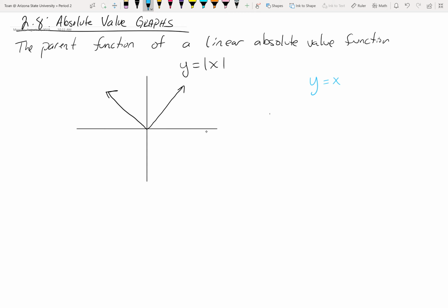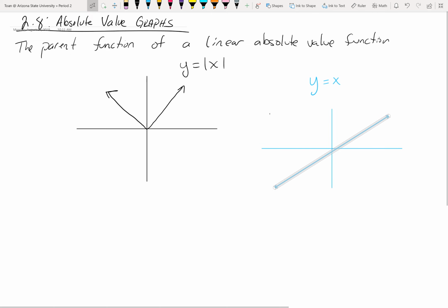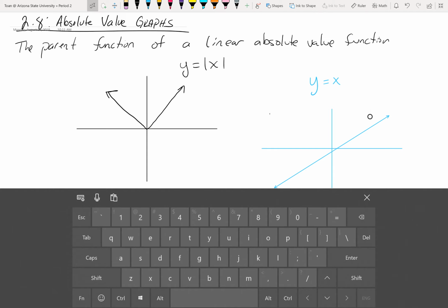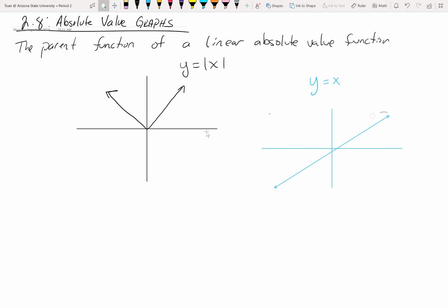If you remember what y equals x looks like, I'll freehand this too. Y equals x looks something like that.